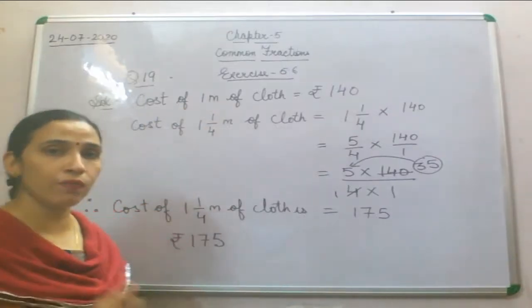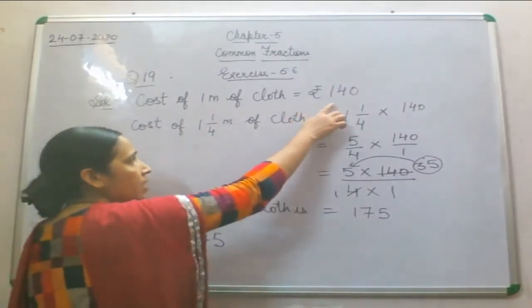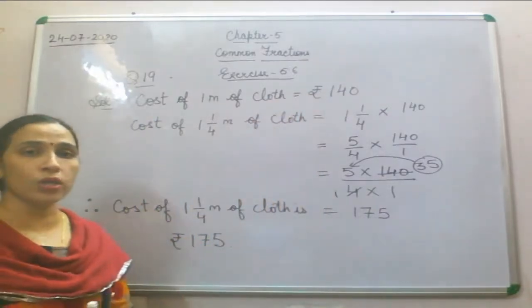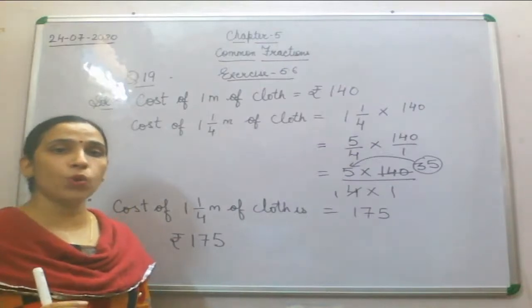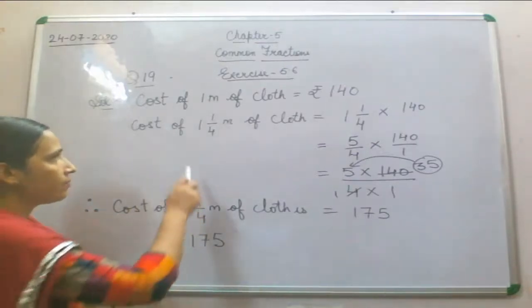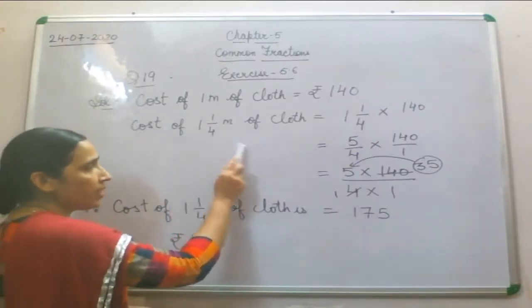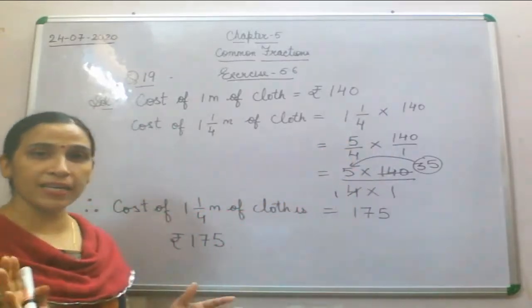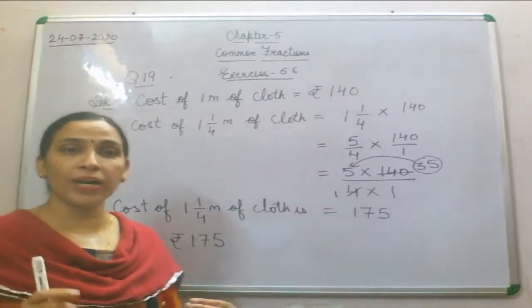What is the cost of 1 meter of cloth? That is rupees 140. Now next you have to find out the cost of 1 by 4 meter of cloth. Fine. This you have to find out. It means 1 by 4 will be multiplied by 140. That is quite an easy question.